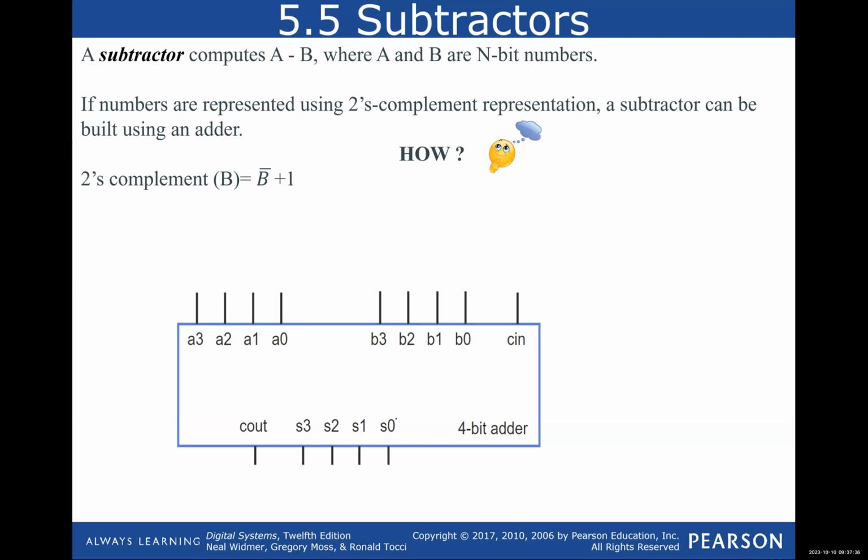Okay, yeah, we're saying A minus B. We're going to add the other plus one of this. Okay, anyone else come up with an idea?